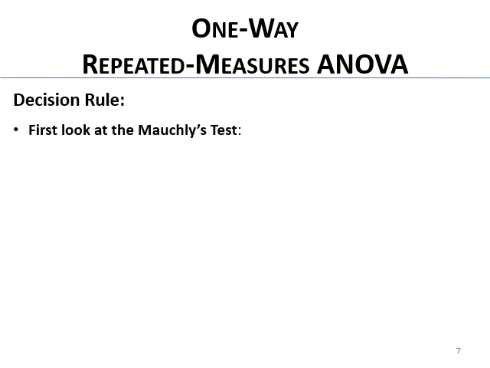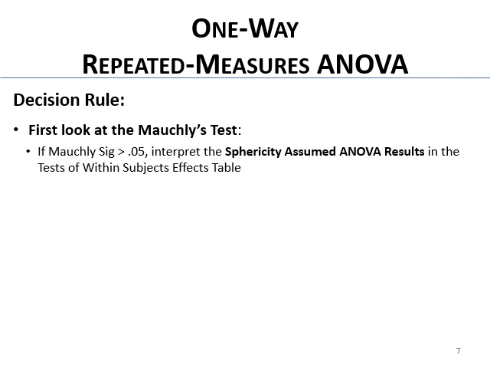So your decision rule: you first are going to look at Mauchly's test, because that's the signpost that tells you which line of results to read in the ANOVA table. So look at Mauchly's test of sphericity. If Mauchly's sig is greater than 0.05, you've met the sphericity assumption. So you get to interpret the line in the ANOVA within-subjects results that says sphericity assumed.